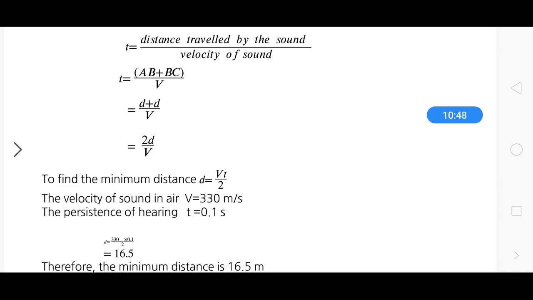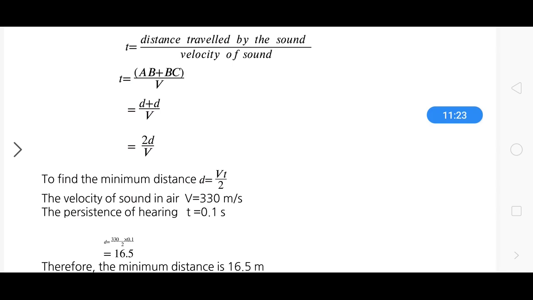If it is less than 0.1, we can't hear the two sound waves separately. They just overlap. The human ear can't hear two sound waves differently if the time interval between them is less than 0.1 second.